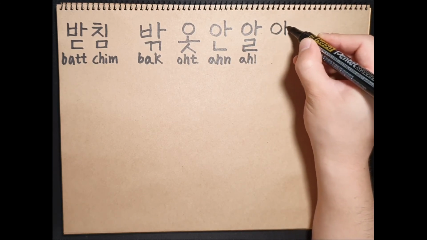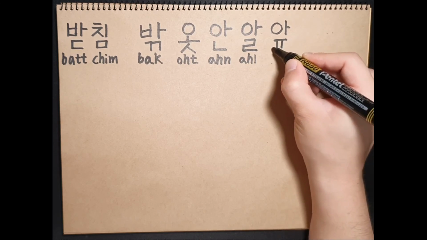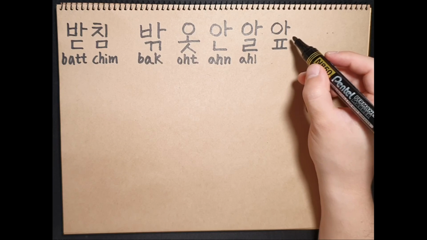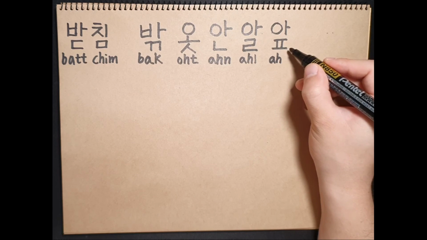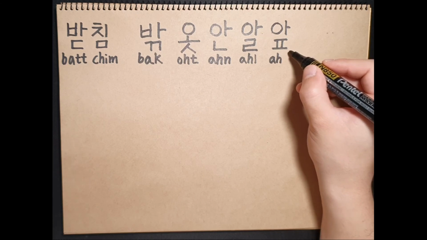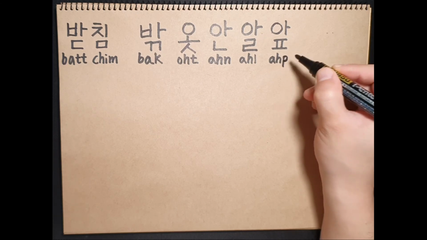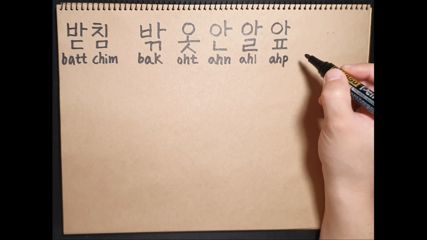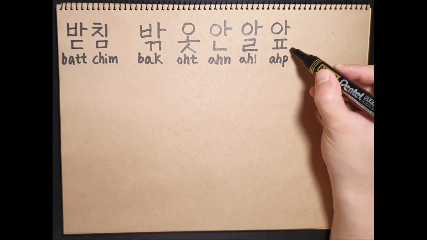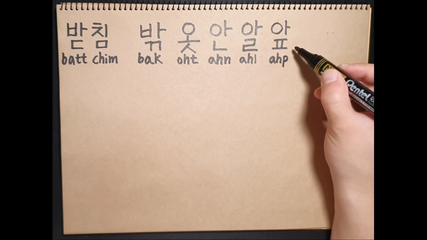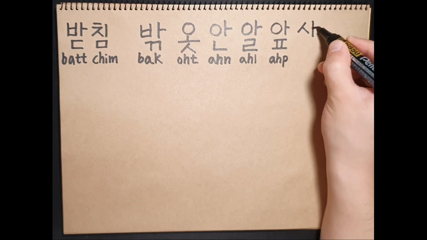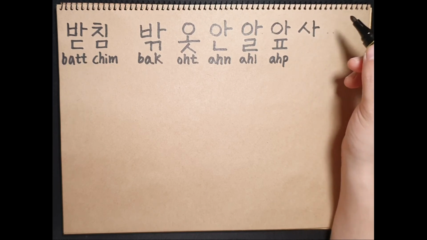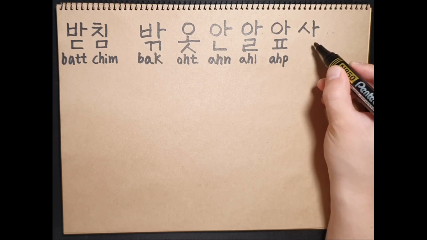Next, let's add 피읍 at the bottom of a Korean letter A. So 피읍, when it is at the bottom of a Korean letter, you can pronounce it like P at the end of an English letter. So you can pronounce this Korean letter up. And let's add NG sound to a letter 사.